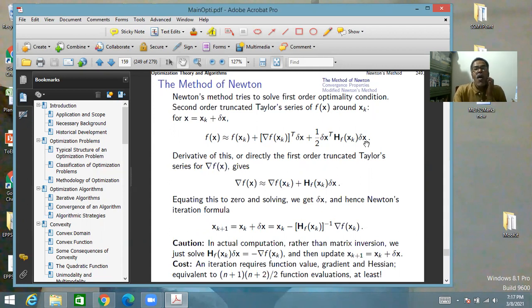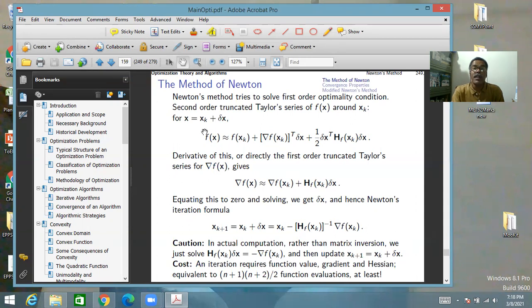Now we want to solve grad f equal to 0. That is the first order necessary condition. So for that we need to differentiate this. Rather than differentiating it, we could have directly written the first order truncated Taylor series of grad f itself. It would be equivalent. Anyway, as we differentiate, this is a number, so it produces nothing. This is again a constant vector.